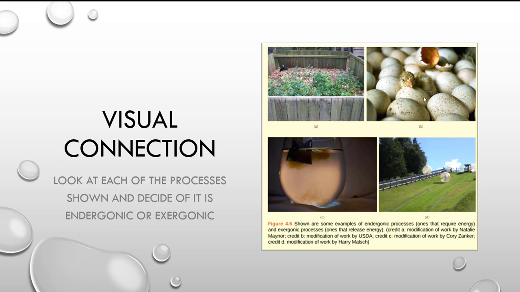Well, we're building something, right? Since you're building, you're starting out with 1 cell, and the cell divides into 2 cells, into 4 cells, and 8 cells, and then it becomes this complex little baby chick. That's a building process. It requires energy, right? So that's an endergonic process. Okay.